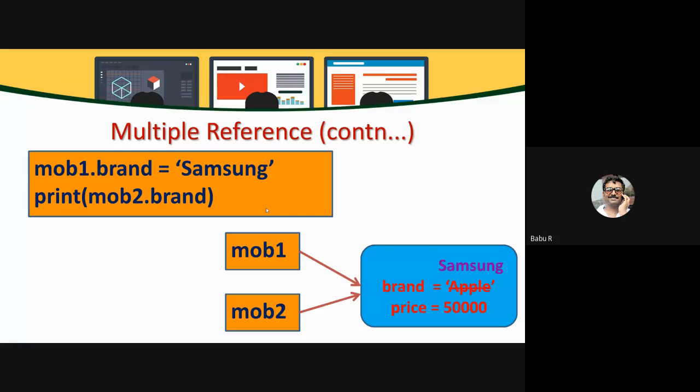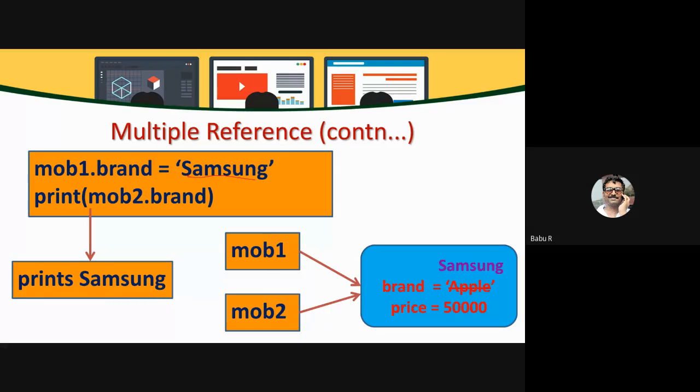So if you want to change the value of a particular thing, then that will be reflected in both cases. Here the example is, we are trying to change the brand name through the mobile one reference variable. So mobile one dot brand equal to Samsung. We are changing it, right?